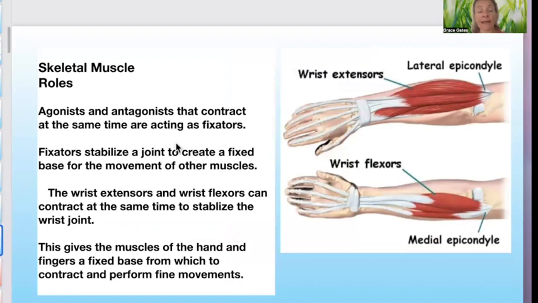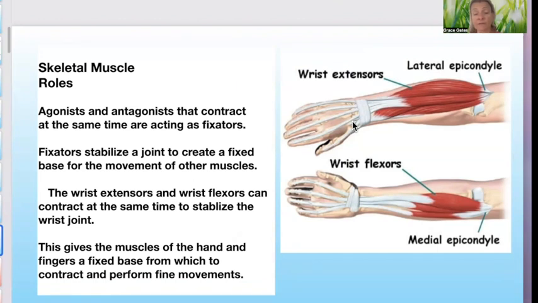And finally, agonists and antagonists that contract at the same time are acting as fixators. Fixators stabilize a joint to create a fixed base for the movement of other muscles. This is a separate example from the biceps brachii performing elbow flexion, so I will give another example here that is different.